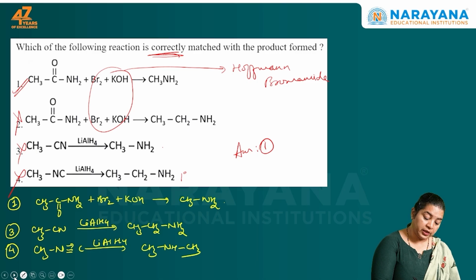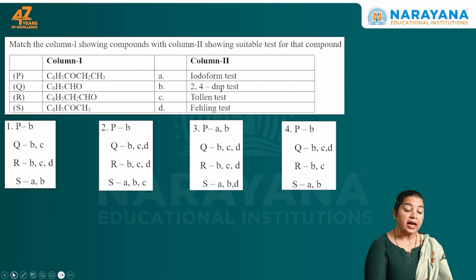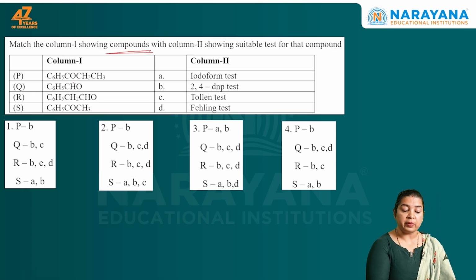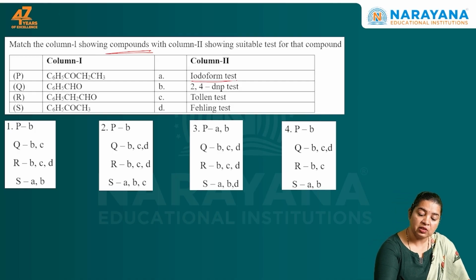Agreed? Moving to next question, that is match the column 1 showing compounds, with column 2 showing suitable test for that compound. Okay, let's do it. The first test is the iodoform test.